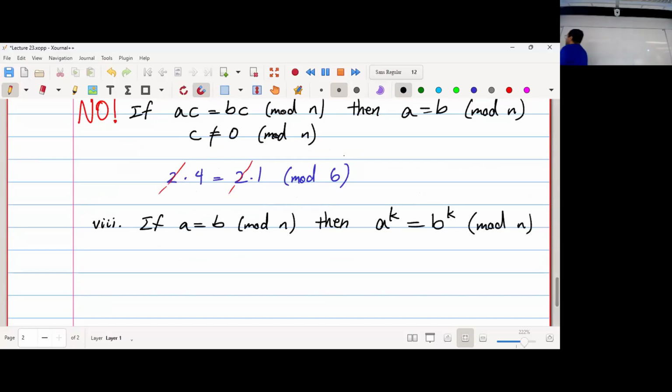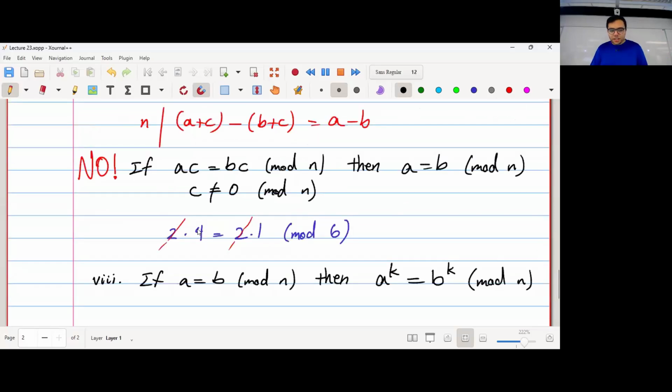Again, this is just applying the rule that we had for multiplication. It's just that I'm applying it k times. So you can prove it by induction. Okay. But let's go back to this problem of not having cancellation.